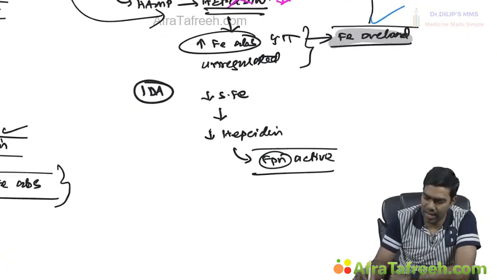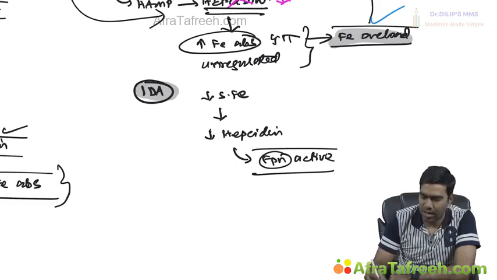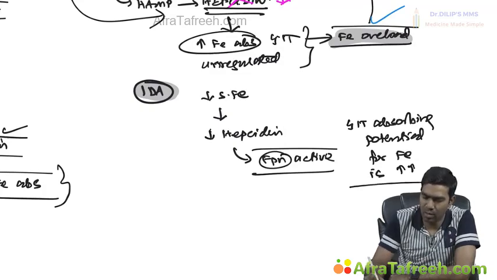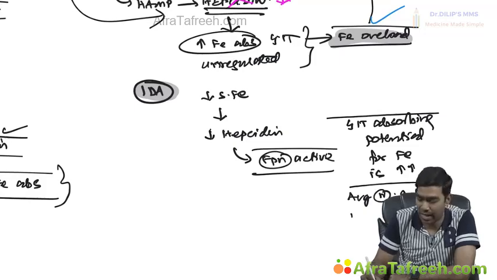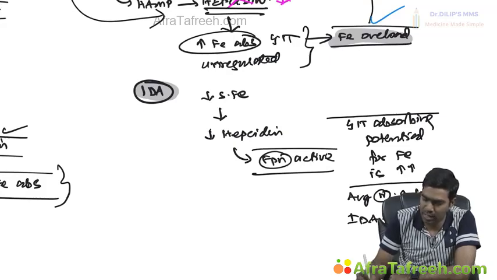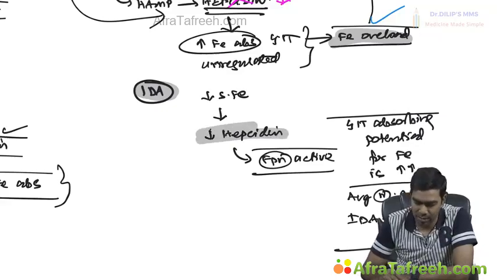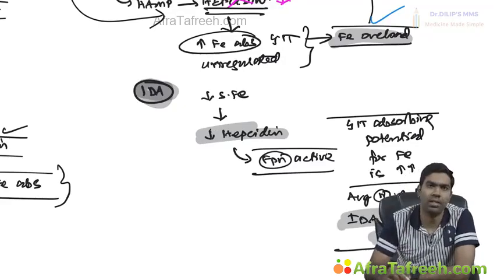That is why in iron deficiency anemia the GIT absorbing potential for iron is actually increased tremendously. Normally I told you average normal is approximately 10%, but in iron deficiency anemia it might even increase to approximately 20 to 30%, 2 to 3 times. That is because of the poor hepcidin expression in iron deficiency anemia, which can actually increase the absorbing capacity of iron in the gastrointestinal tract.